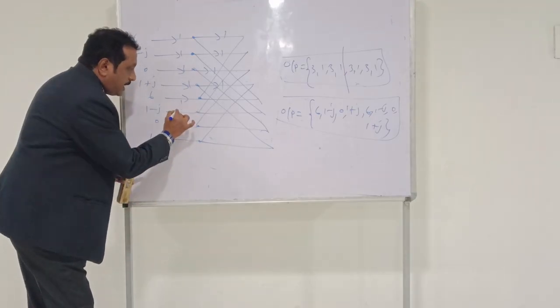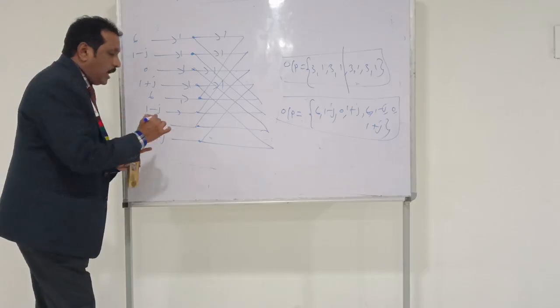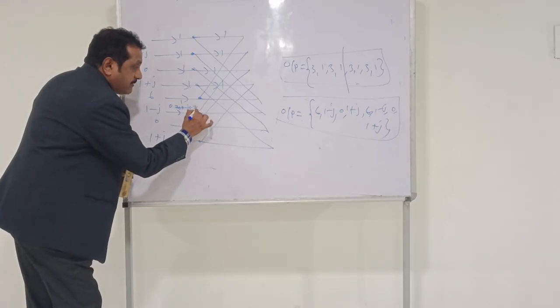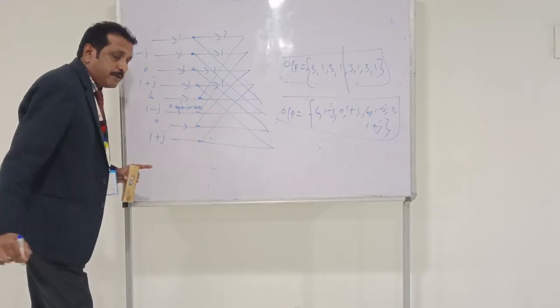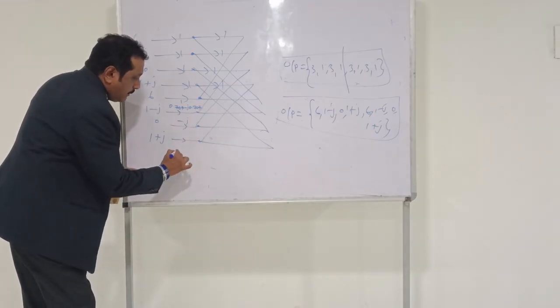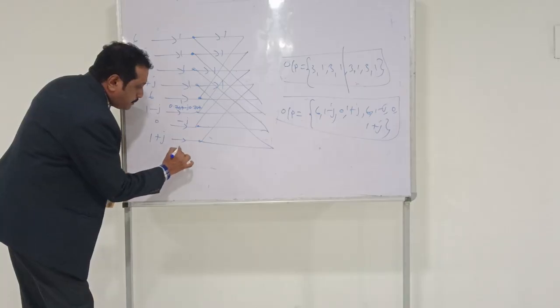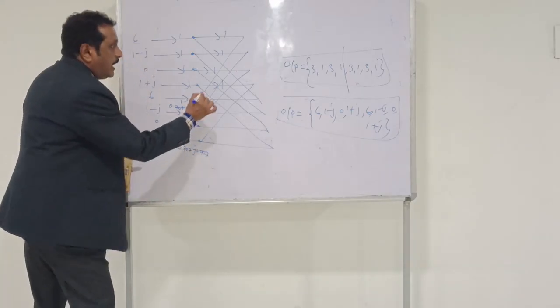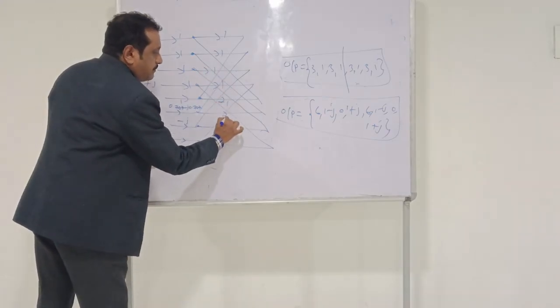W8 power 0 is 1, W8 power 1 is 0.707 minus j 0.707, W8 power 2 is minus j, and W8 power 3 is minus 0.707 minus j 0.707. And here you put minus 1.